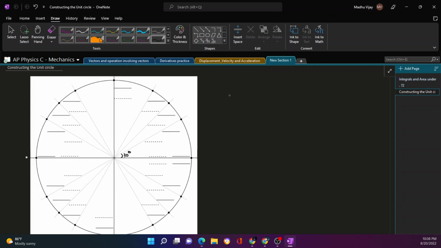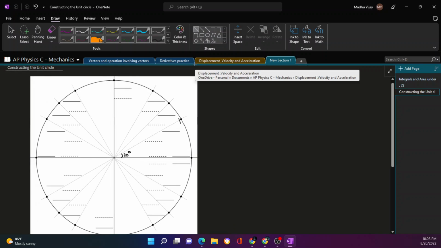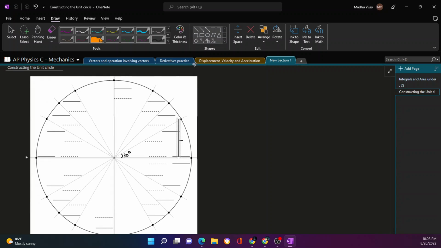So now that that's 30 degrees, we can go ahead and construct a small right triangle here. Alright, so now we have our small triangle.